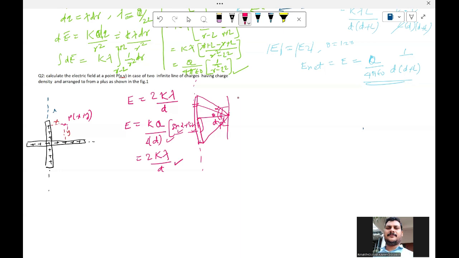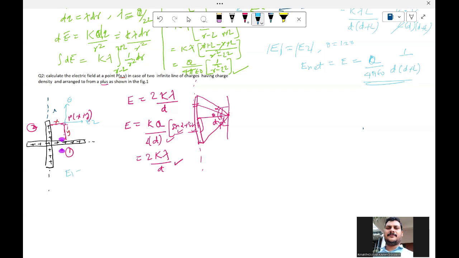By using this, consider infinite rods arranged in a flush form. Consider this is the first rod and this is the second rod. From the second rod the distance is x and from the first rod the distance is y. Therefore, E1 is in this direction, E1 along the y direction, and E2 due to the second rod is in the other direction.